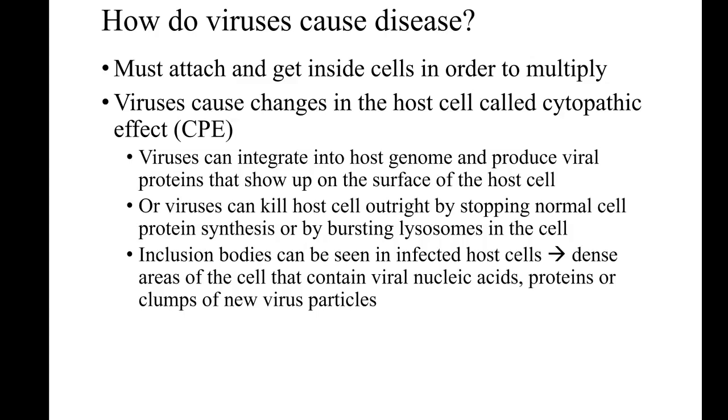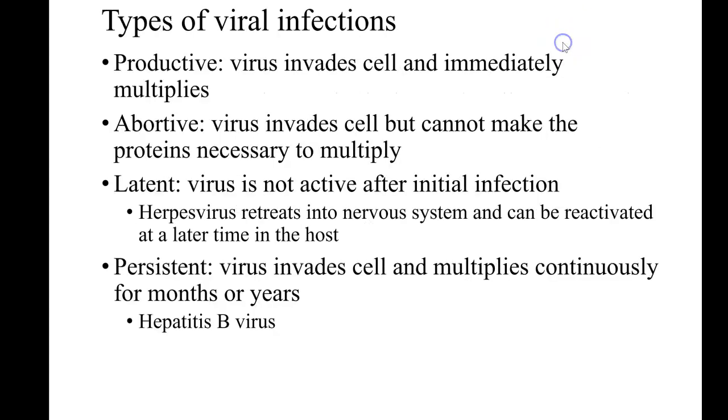As that virus is taking over the host cell machinery, we could maybe see some inclusion bodies. We might be able to see some different dense areas where there's that viral nucleic acid. So viruses can do some changes to cells so that they look different. They look wonky. So you could actually see this looking underneath the microscope at a viral infected cell.